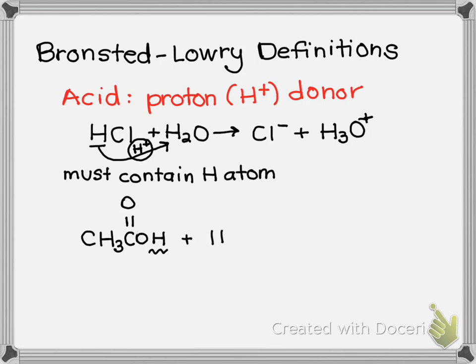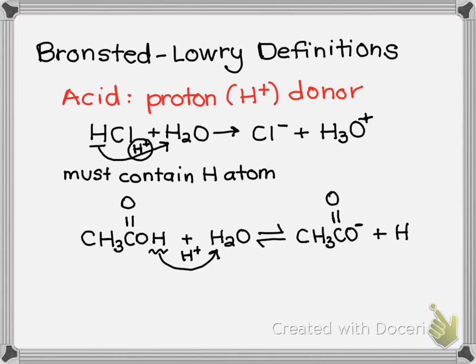And so remember, this definition says we have to donate that proton. So we donate it, and we get CH3C. It would still have this part, because all it's doing in acids and bases is moving that H plus, the proton. So we would still have that part, and then it has this. So again, the carboxylic acid remains an acid because, in this definition, it donated the H plus. And that's the Bronsted-Lowry definition.